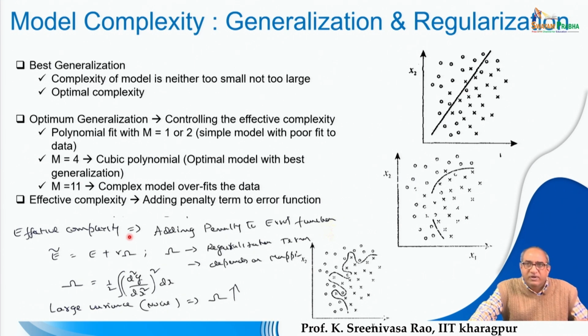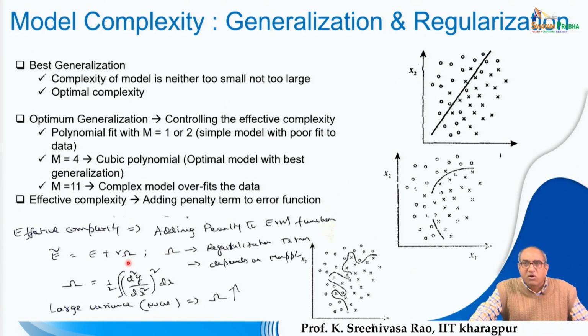To find out the effective complexity, what we can do is add a regularization term to the error. Suppose you try to model with a higher order polynomial and the captured function becomes highly nonlinear.